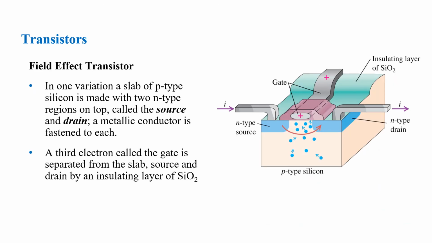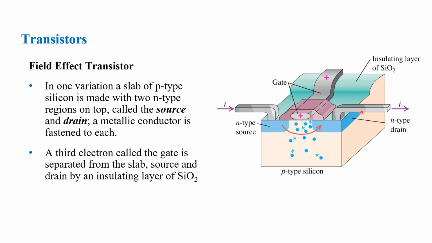We also have field effect transistors, which in one variation is a slab of P-type silicon made with two N-type regions on top. So you have here your P-type silicon and your two N-type regions on top, which are called your source and your drain.